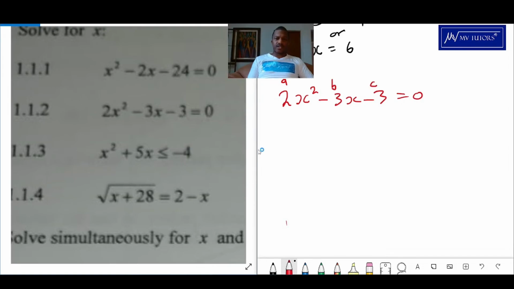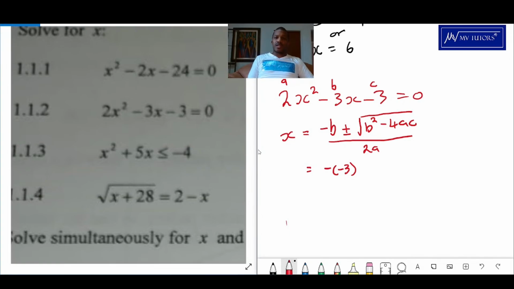I always write these variables on top because in the heat of the moment of the examination, it's easy to make a mistake. So I want to eliminate the guesswork out of it, and I do that by actually naming the variables, so that when I get to this stage, when it says minus B, I know where to go for B. I can see B is actually a -3.